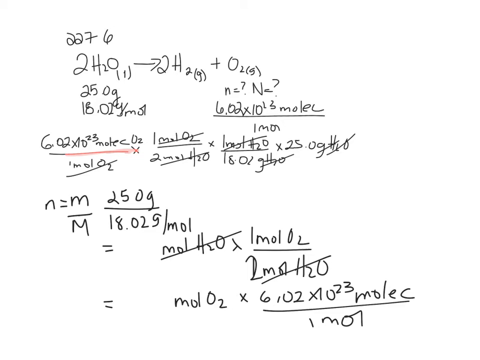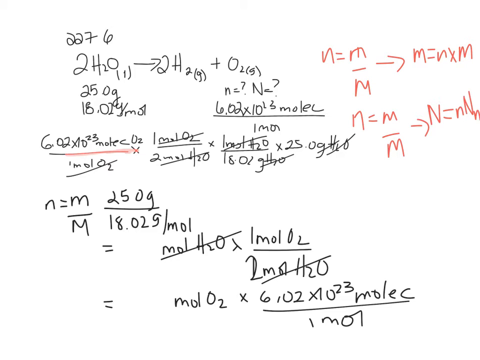So for this question, instead of using n is equal to m over M, then mole ratio, and then mass, we went n is equal to m over M, and then we went to Avogadro's number. Okay? So that's the difference.